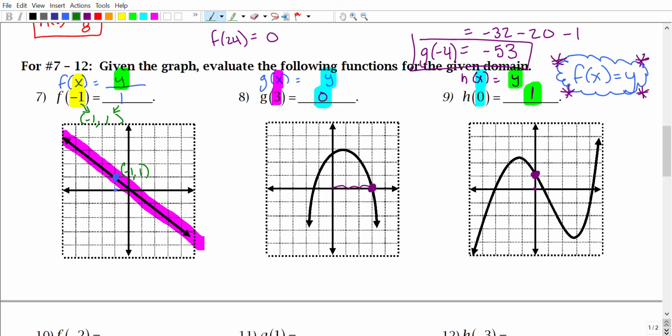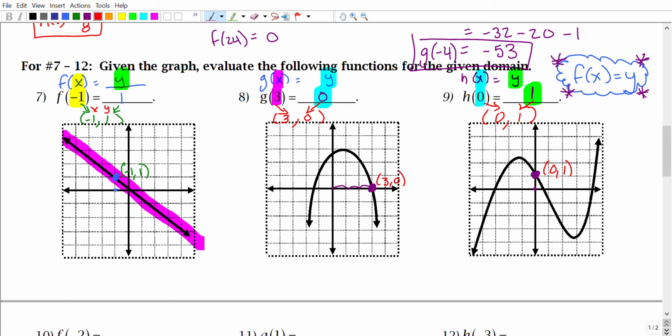My x and my y value. Again, if I write this as an ordered pair, that's 3, 0. Well, this is 3, 0. If I write this one as an ordered pair, that's 0, 1. This is 0, 1.